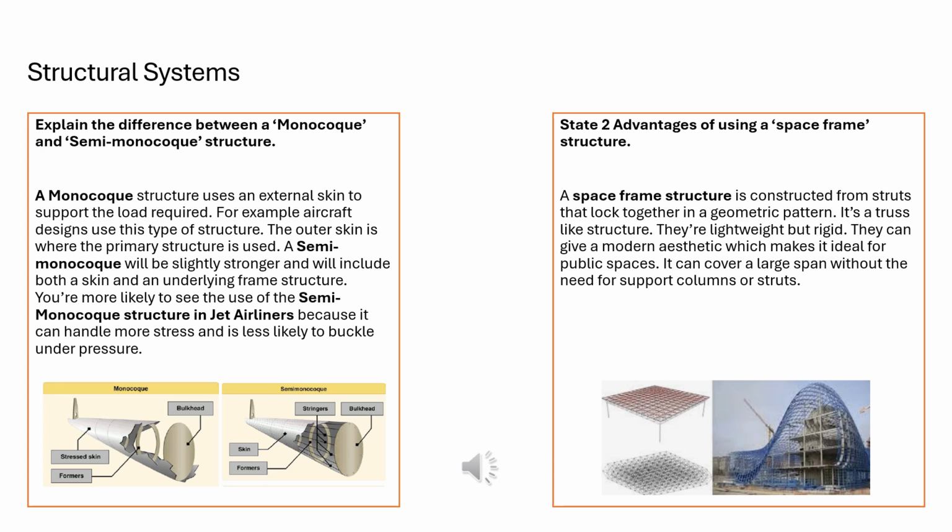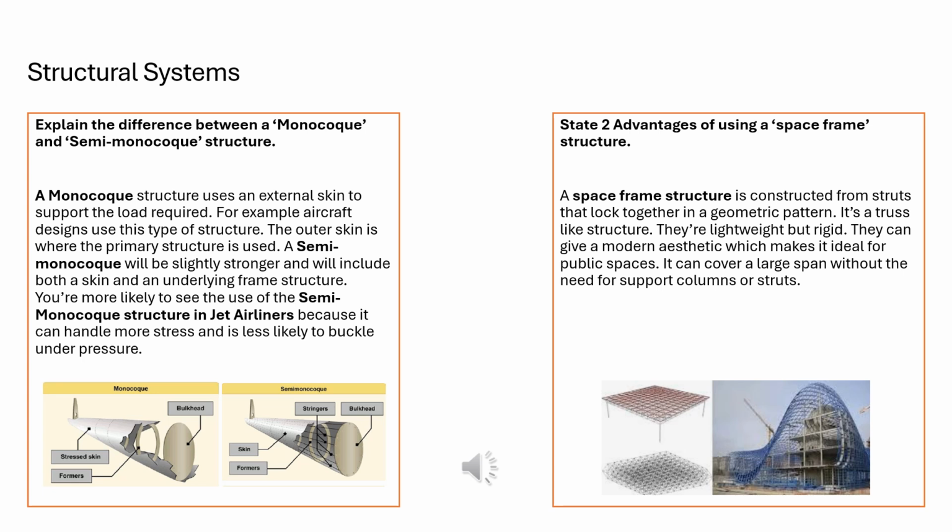So, as you can see here, the difference between a monocoque and a semi-monocoque structure. A monocoque structure uses an external skin to support the load. If you have a look at the picture below here, you can see the wing of, we'll say, an airplane. It has some formers, but really the outside structure, most of the strength comes from the skin on the outside. Older aircraft used to use this type of structure.